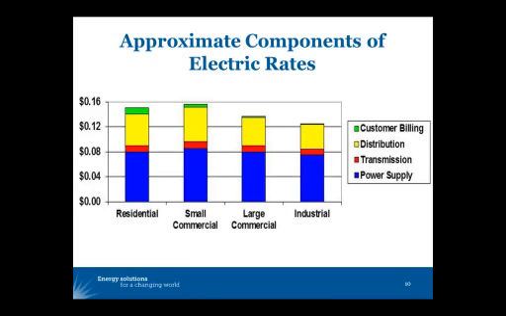So I start with the premise that a straight fixed variable rate is anathema to what utility regulation was created to address, all the way back to the court case of Munn versus Illinois in, I think, 1848, dealing with grain elevators. It's exercising monopoly pricing power.